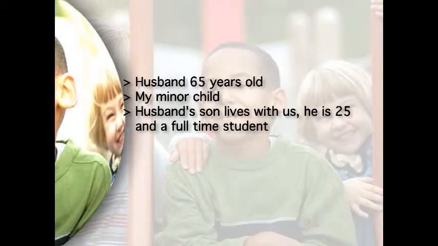So I'm no longer with my young husband. I went to the next extreme. My new husband is 65 years old. I still have my minor child with me, and my husband's son is also living with us. He is 25 years old and is a full-time student. So my new household is myself, I'm the head of household, my 65-year-old husband, my minor child, and my stepson who is a full-time student.